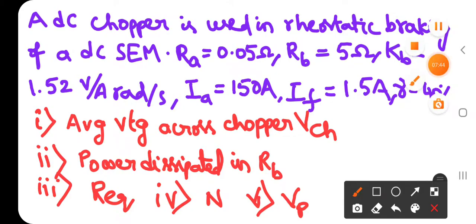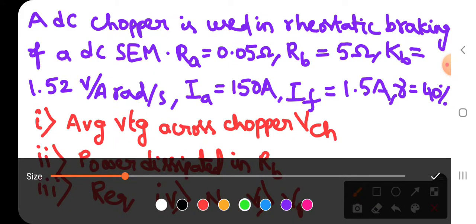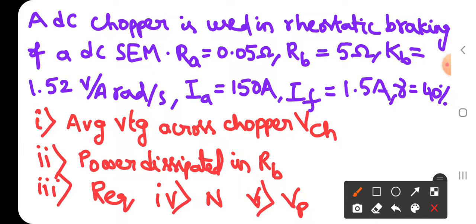So how do we solve this problem? If you observe, a DC chopper is used in rheostatic braking. Rheostatic braking is dynamic braking.